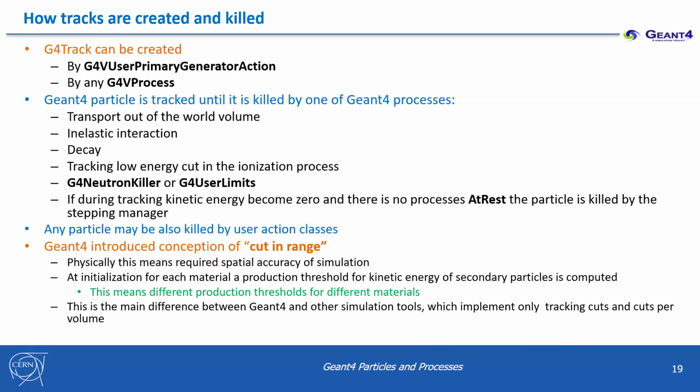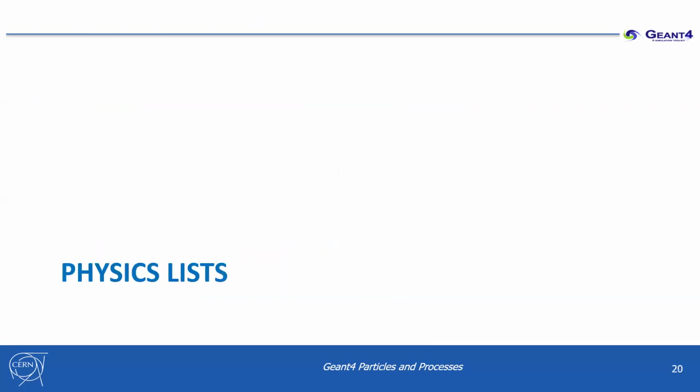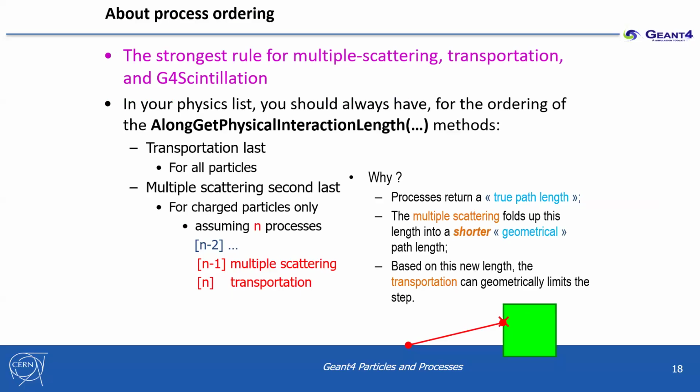The question is, it is not enough. We need now to take corrections at this point. And we need to take into account that the new real length of a track is larger than the straight distance from the initial point to the boundary.